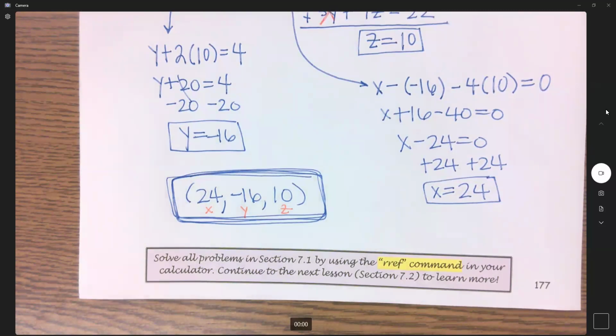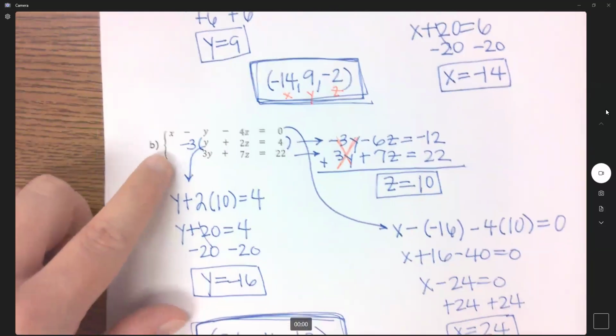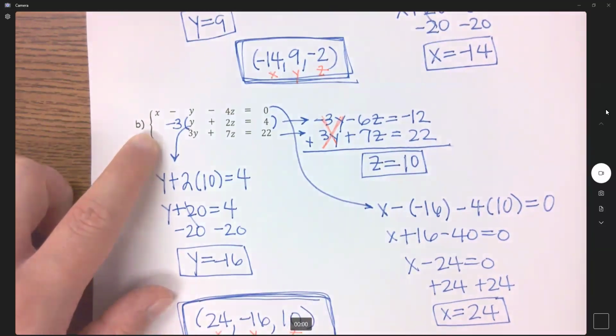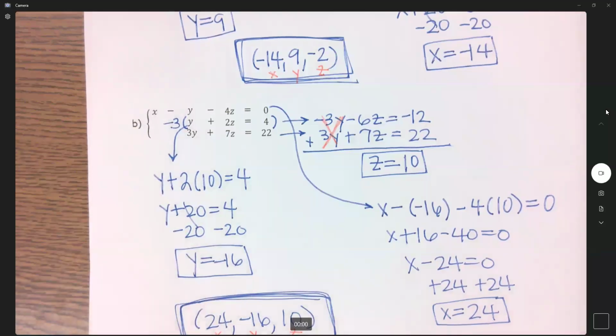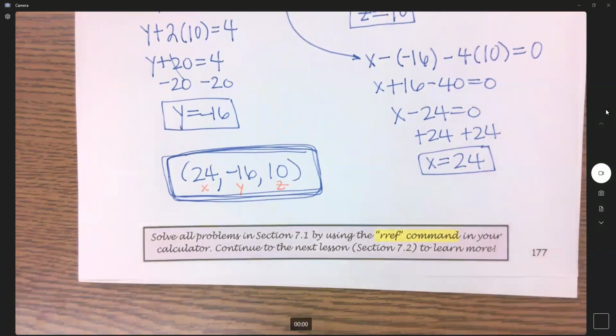And so I would just go ahead and not even do your homework over 7.1 yet. I would jump right into the next lesson. And in the next lesson, we're going to learn how to solve systems of equations like this right here, and honestly, even systems of equations with 2 variables by using our calculator.